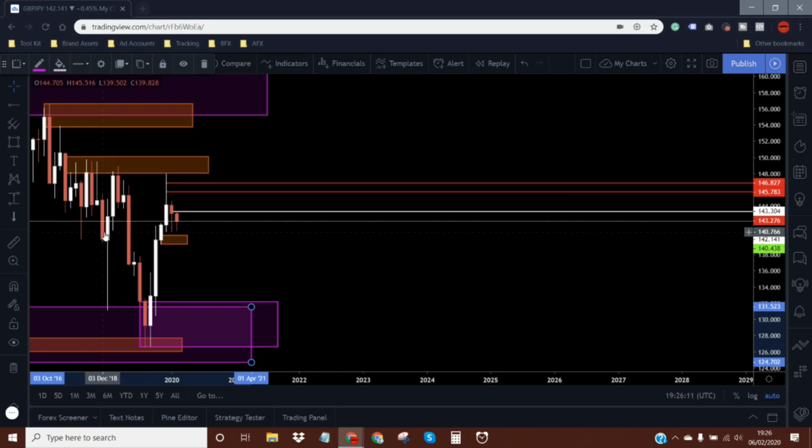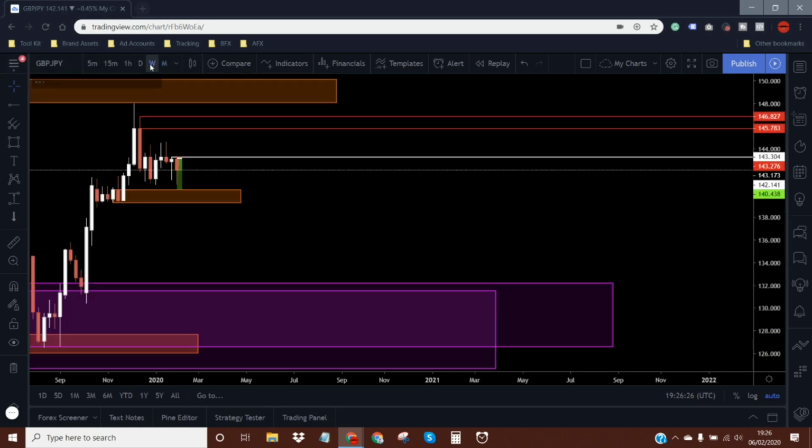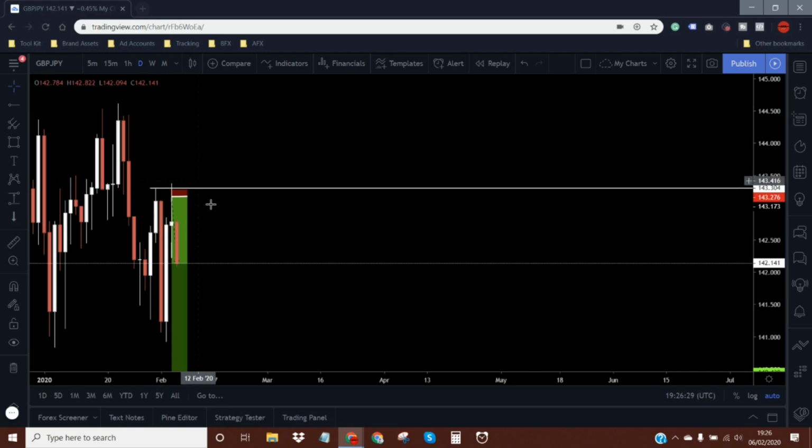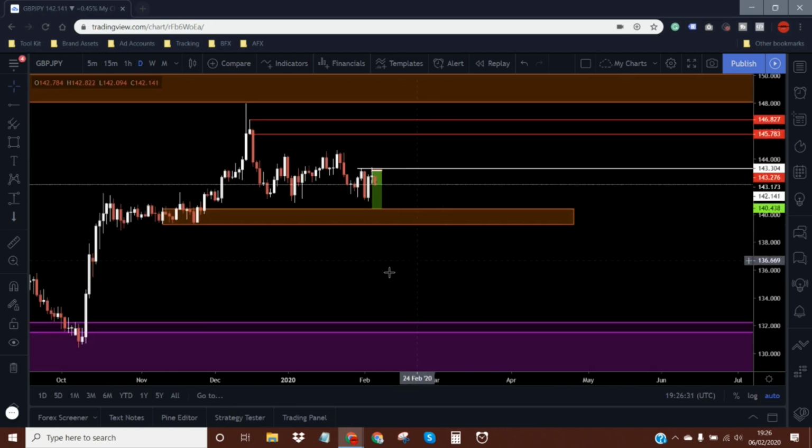So a daily zone creating another daily zone, I always think that daily zone that's been created out of that zone could be potentially weaker, especially if it's inside the zone itself. Not sure about that at all. But anyway, that is the pound yen and the euro USD, guys.